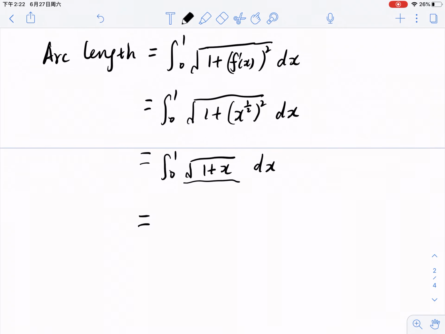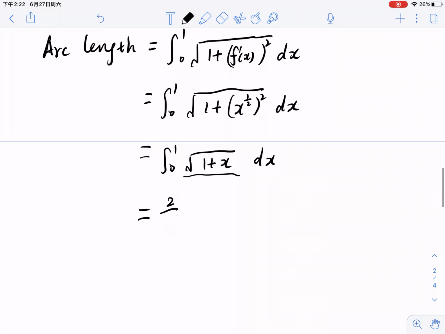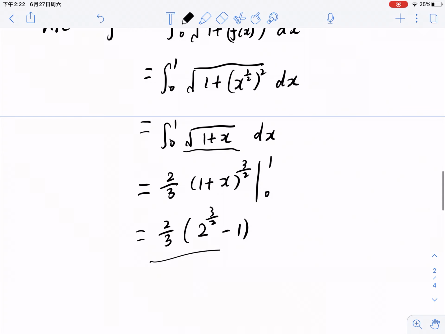So the antiderivative of this function is 2/3 times 1 plus x to the 3/2, from 0 to 1. So when x is 1, it's 2/3 times 2 to the 3/2, minus at x is 0, 2/3 times 1. So the arc length is equal to this.